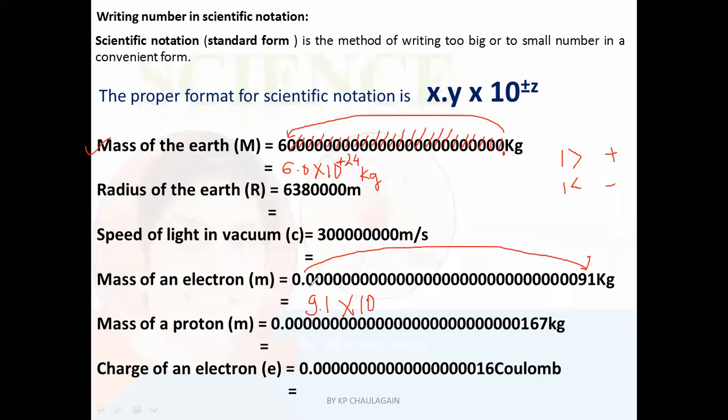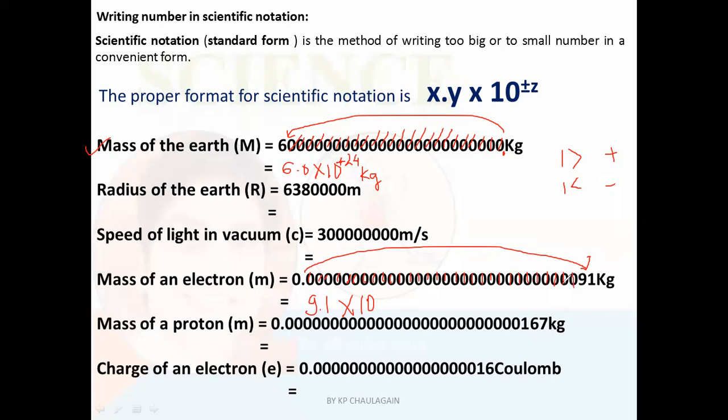And let's count the digits. How many digits have we shifted here? 1, 2, 3, 4, 5, 6, 7, 8, 9, 10, 11, 12, 13, 14, 15, 16, 17, 18, 19, 20, 21, 22, 23, 24, 25, 26, 27, 28, 29, 30.